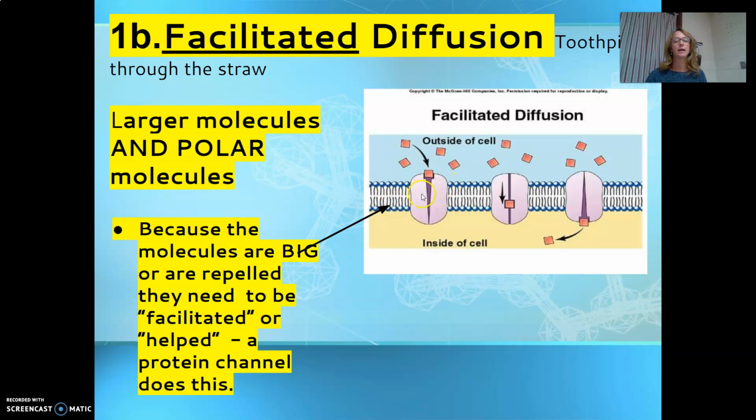So this is when we have to use a protein door. Those protein channels that are embedded in the cell membrane will let those molecules through, but it works the same way. They're still going to just slide right through and go into where they're needed. The only difference is they have to go through a door, or they need to be helped or facilitated through.